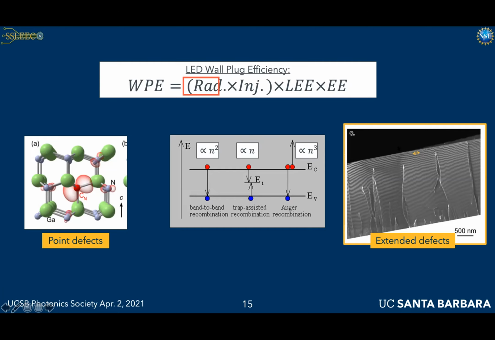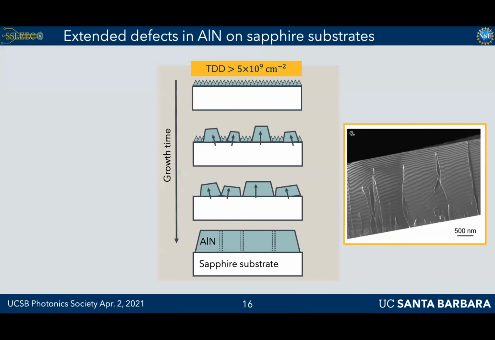So it's not like we need to completely eliminate all the dislocations. We just need to get them low enough that they're much further apart than this very short hole diffusion length. So that seems doable. That's the first experiment I'll talk about here.